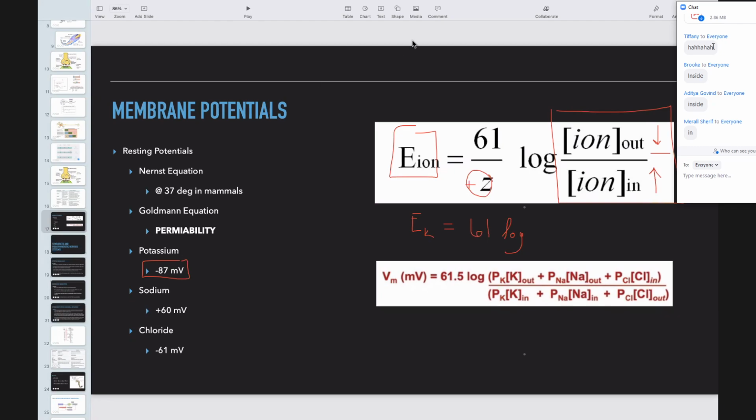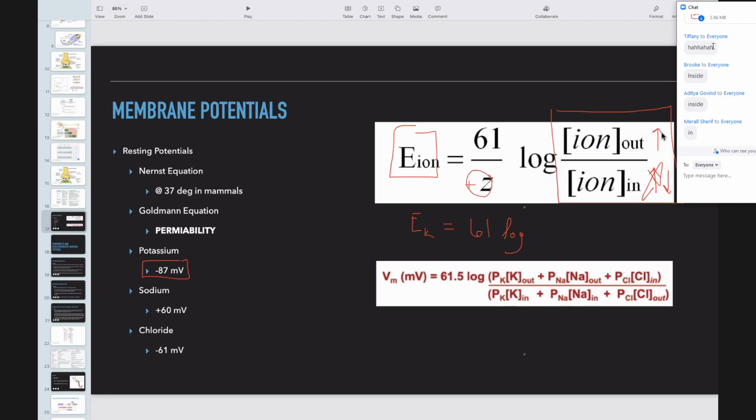If we look at sodium, again, that's a +1, so we don't need to change that. We have very little on the inside, a lot on the outside.